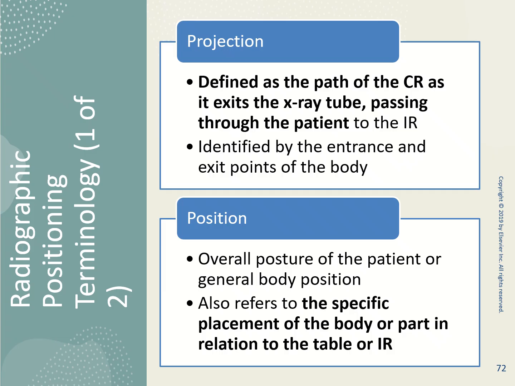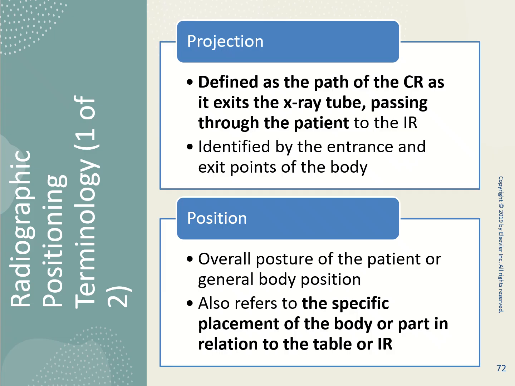Do we lay them down on it with their back closest to the image receptor, well, then that would be supine. Okay, that's a position. The projection would be anterior posterior, or AP, because if the patient's laying down and the cassette is underneath them or inside the table, yeah, just wait, you'll see.